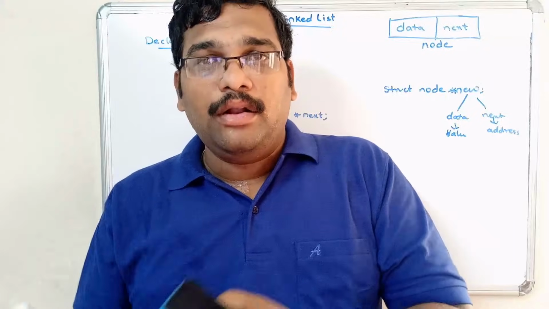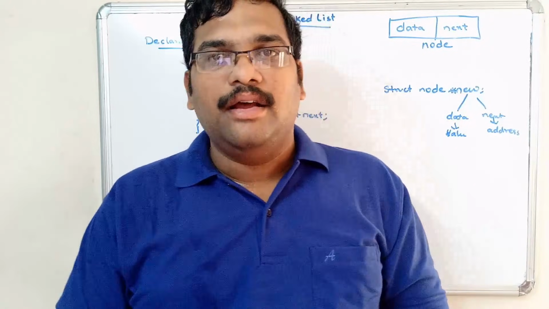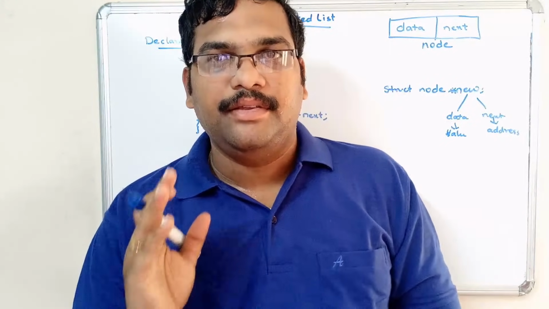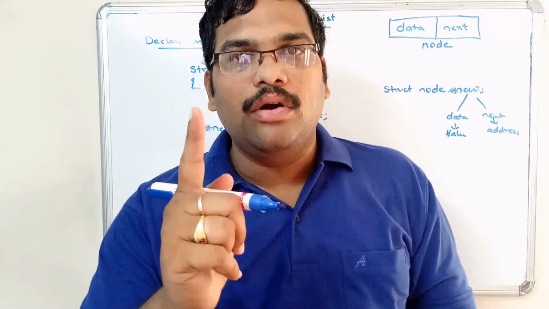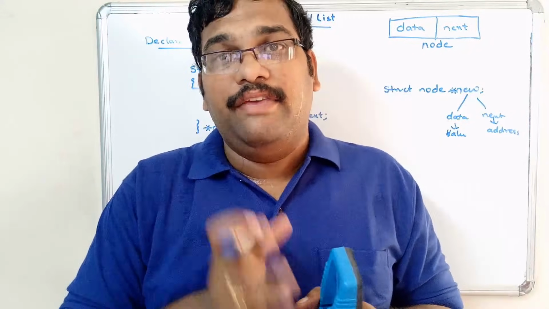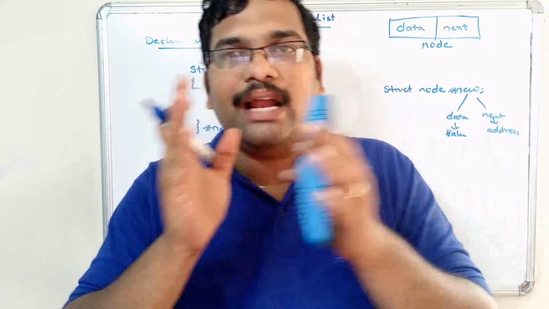If you keep on adding to the list, we have to change the tail. So if there is only one node, that itself is the head and tail. If it has two nodes, the first one will be the head and the second one will be the tail.